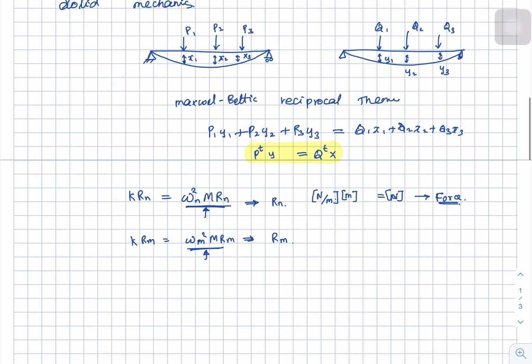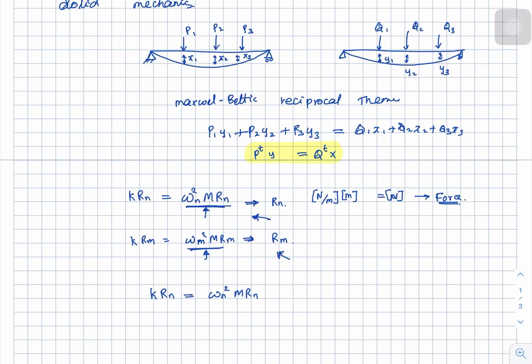So from the Maxwell reciprocal theorem, I can write the force of one equation, K r_n equal to omega n square M r_n, and I multiply this force with the other displacement, which is r_m.